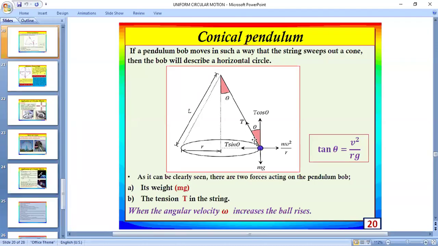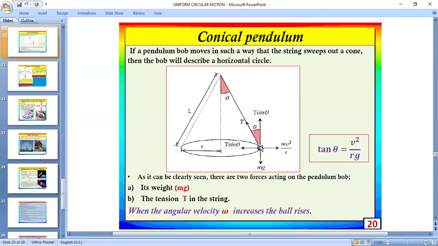So the more the shaft rotates, the speed increases, then this bob is going to rotate very fast, and the angle theta here increases because this one will have a lift. It's lifted up.